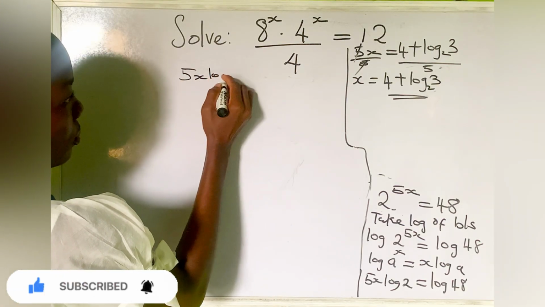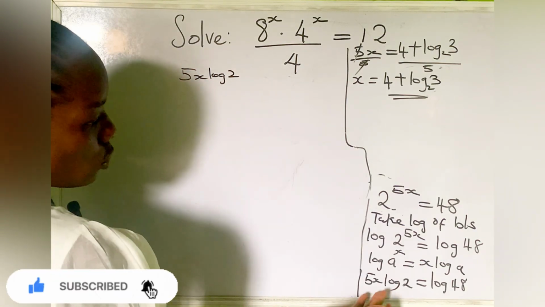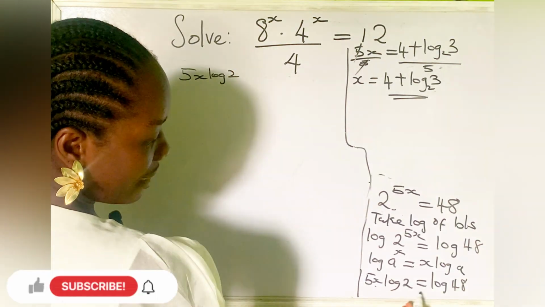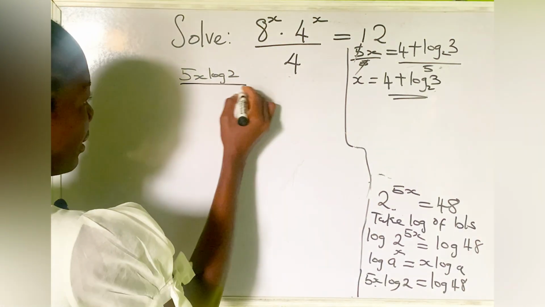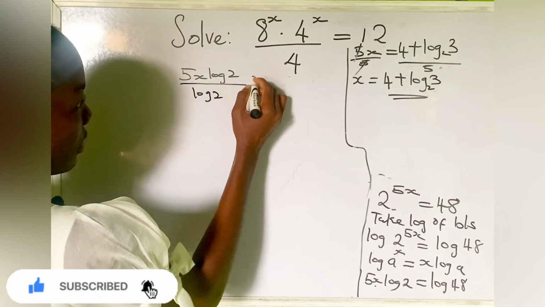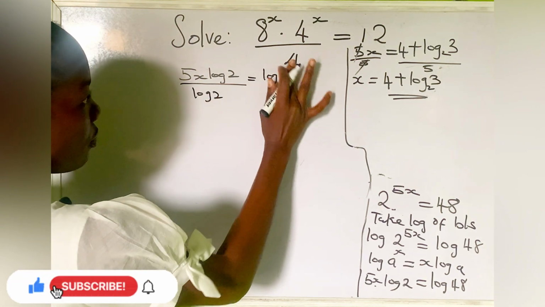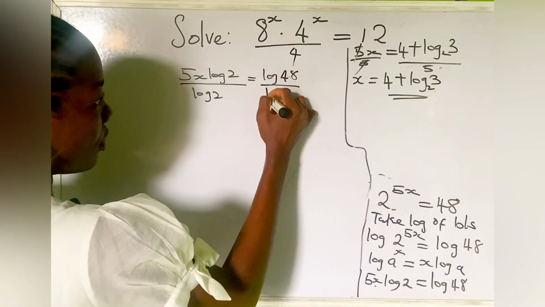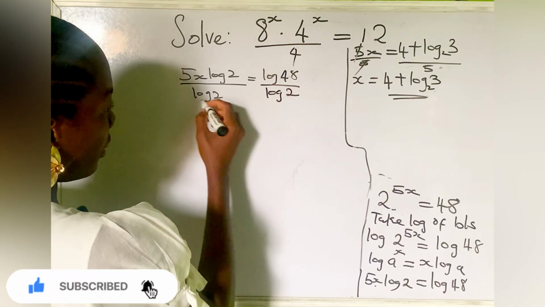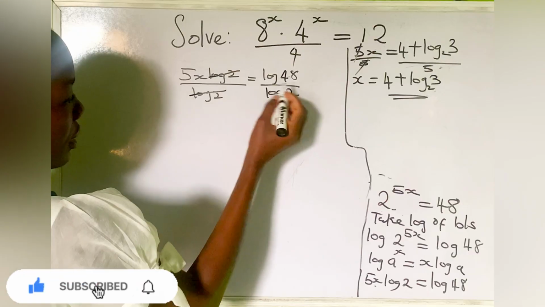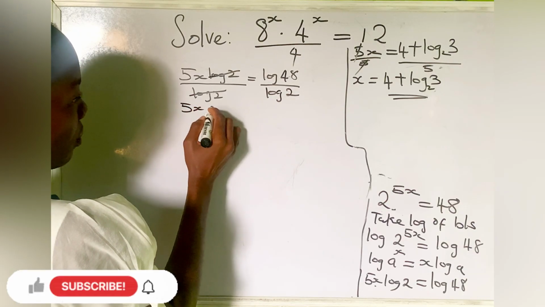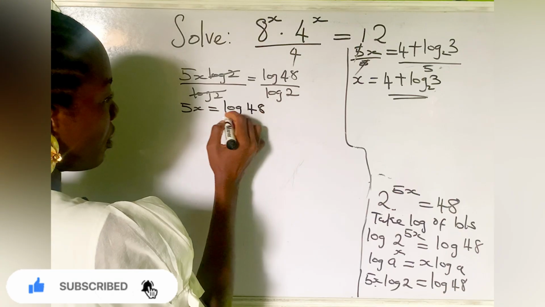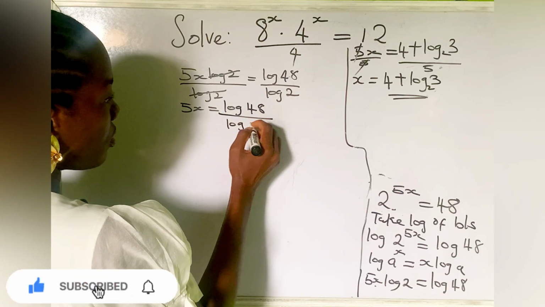Here we want to find the value of x, so we'll be dividing both sides by log 2. That's equal to log 48 over log 2. So this cancels this, so 5x is equal to log 48 over log 2.